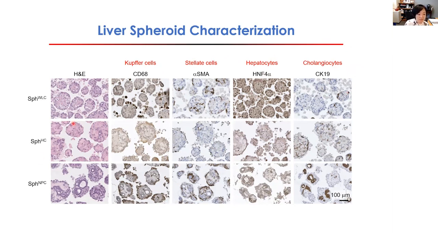What we found a little bit interesting is the CK19 expression in the WLC spheroids and HC spheroids, because it is a marker for cholangiocytes. But hepatocytes, which are not supposed to have cholangiocytes, actually have more CK19 expression than the WLC, which should have cholangiocytes in them.